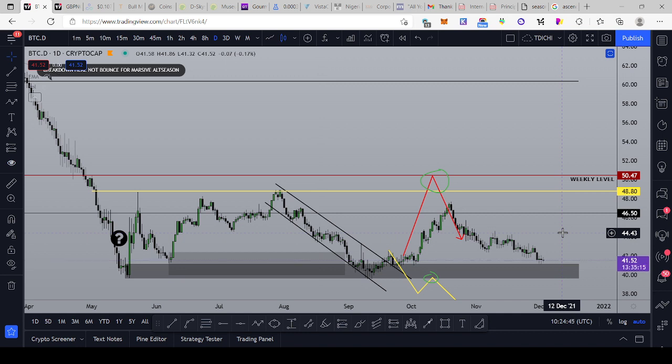It depends on where we are or what the market is doing. But generally, Bitcoin dominance going up means that people are less interested in altcoins and more interested in Bitcoin. So Bitcoin dominance going up could mean two things.